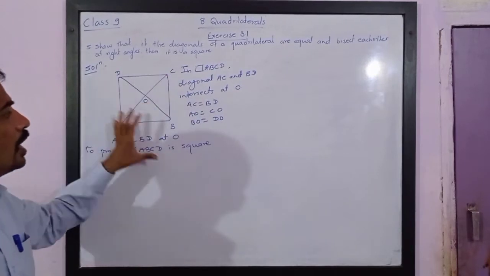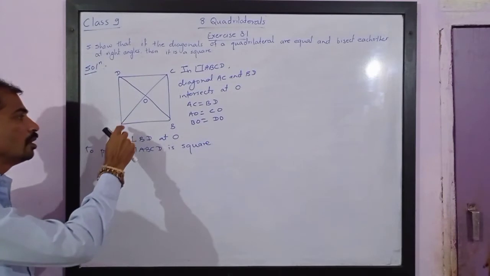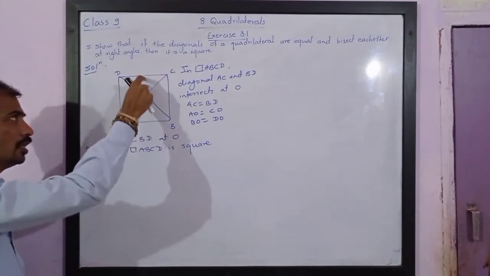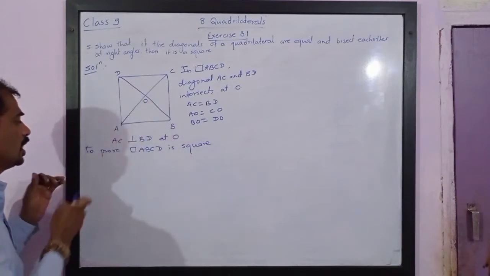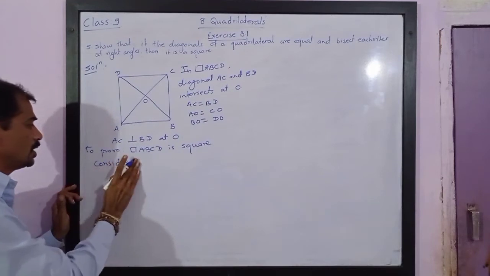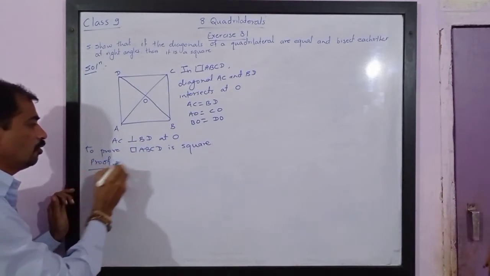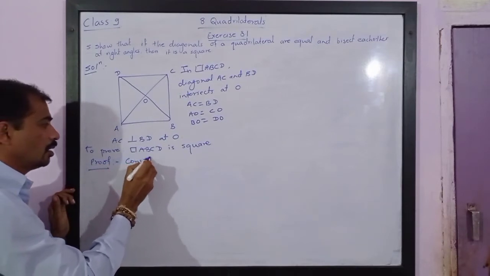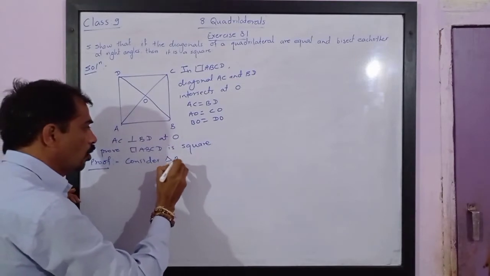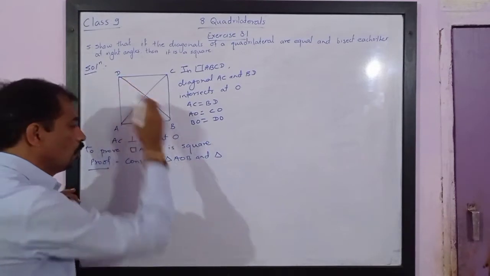First, we are going to prove that this quadrilateral is a parallelogram. So, to prove this, I am going to consider triangle AOB and COD. These opposite two triangles. You can say proof or solution. In proof, we are going to consider first opposite triangles, that is triangle AOB and triangle COD.